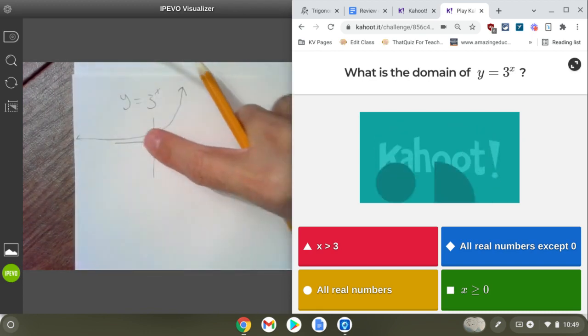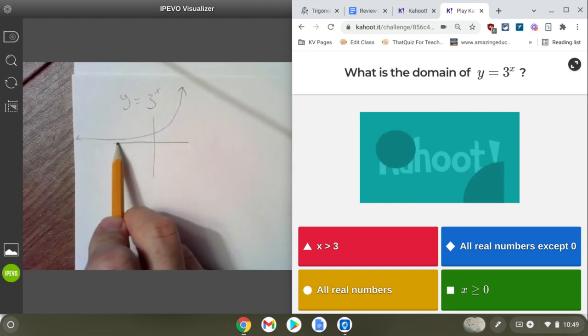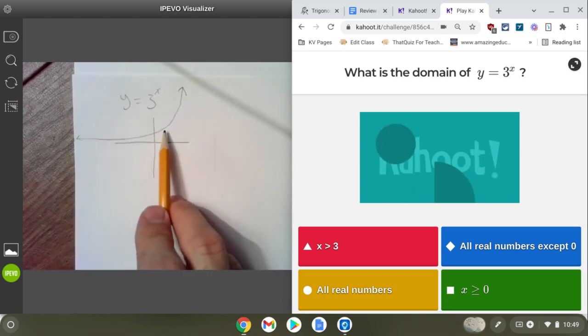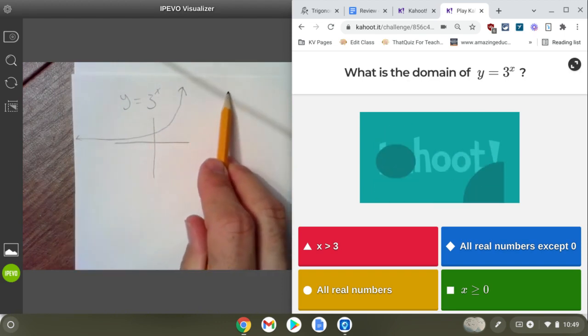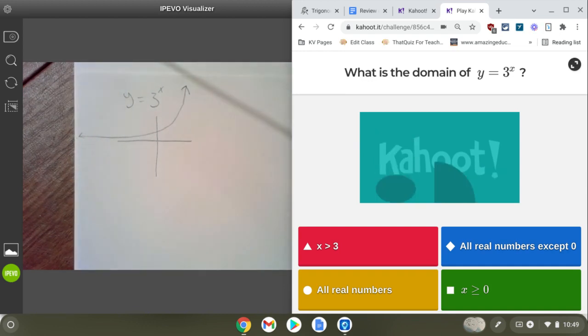It goes to the left forever, hugging the x-axis, and goes up and to the right forever. So it goes left forever and right forever: all real numbers. There are no restrictions on the numbers that we can plug in for x.